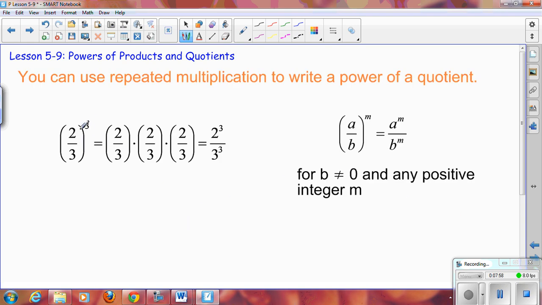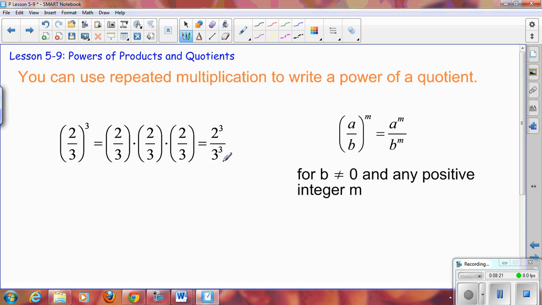Okay, when we have an exponent to something that is a fraction or a division problem, we show 2/3 cubed means 2/3 times 2/3 times 2/3. When we're multiplying fractions, top times the top, so 2 times 2 times 2, which is 2 cubed. 3 times 3 times 3, which is 3 cubed.